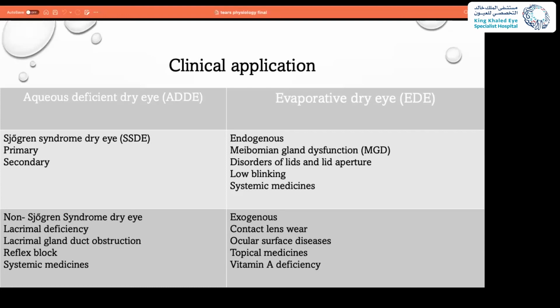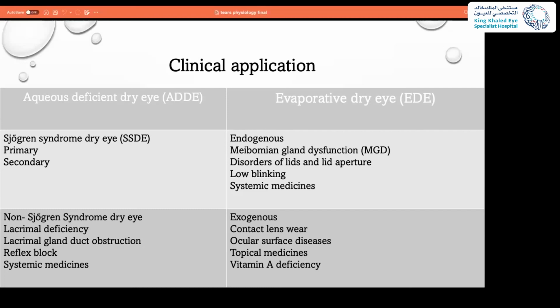Systemic medicines also play a role, as we mentioned before, isotretinoin and botulinum toxins. Exogenous reasons for evaporative dry eye: excessive contact lens wear, ocular surface disease, topical medicine, vitamin A deficiency.